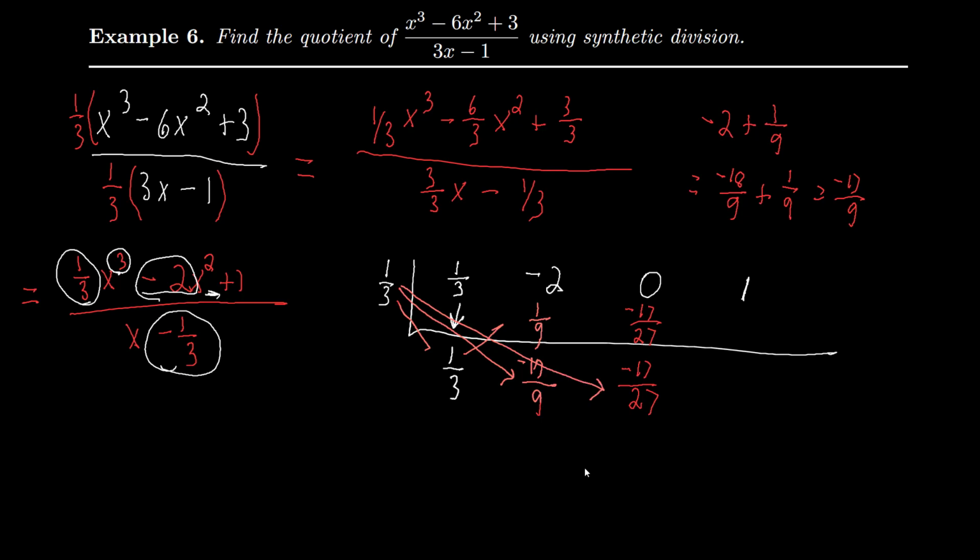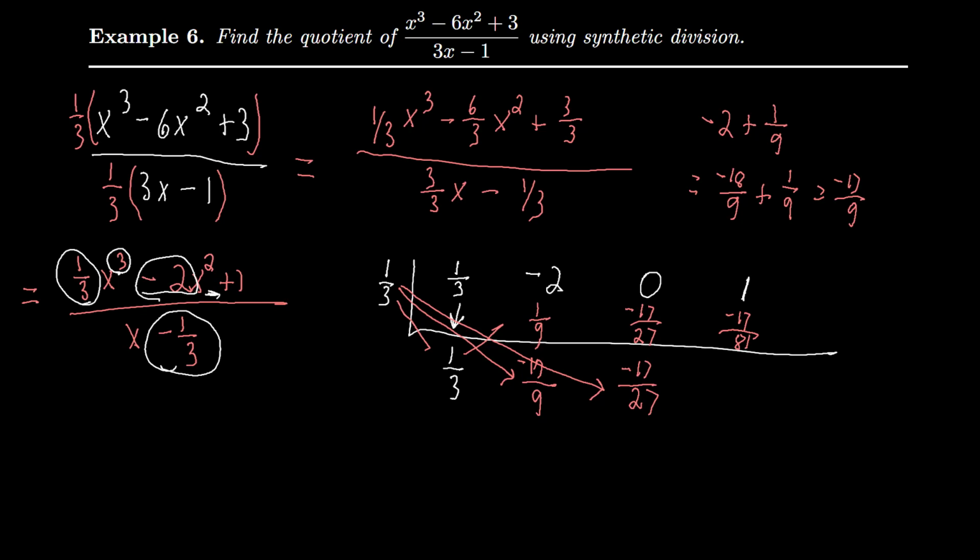Oh boy. 1/3 times negative 17/27. Well, 1 times negative 17 is negative 17 again, and 3 times 27 is 81.